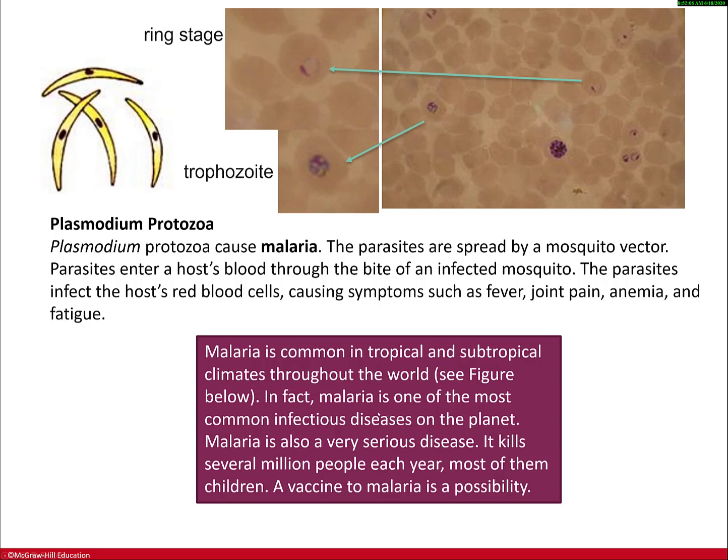It's one of the most common infectious diseases on the planet, and malaria is a very serious disease because it kills millions of people, and they're still looking into trying to find ways to control it. And one of the ways is putting nets up around where you sleep, so you don't get the mosquitoes.